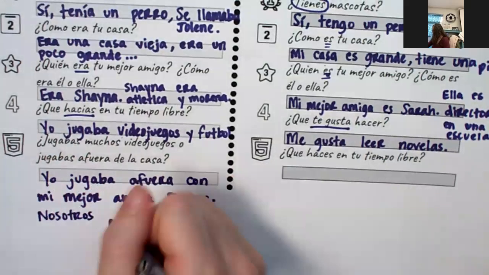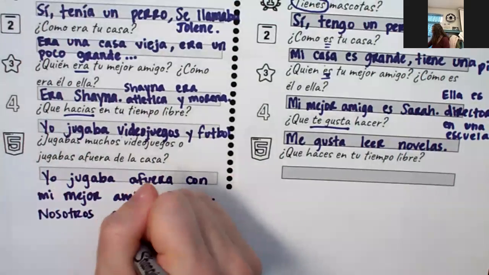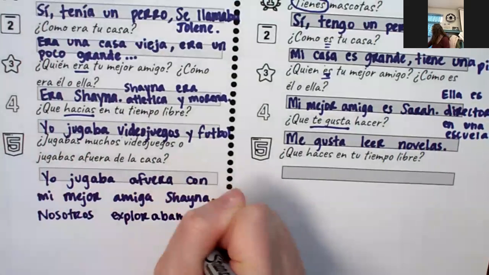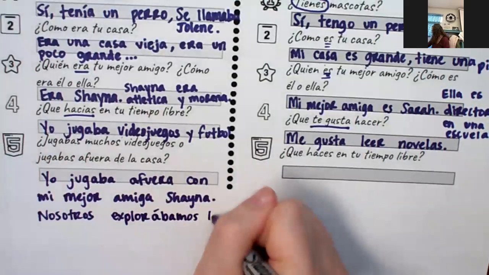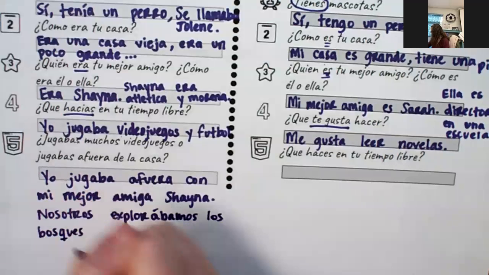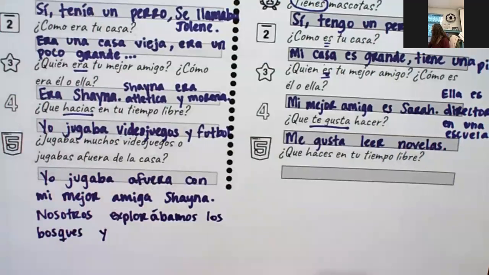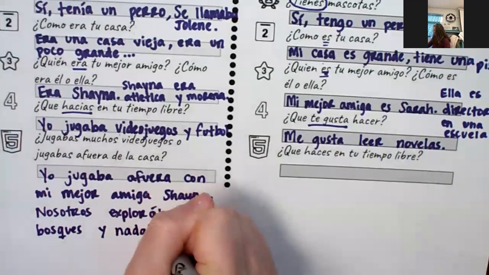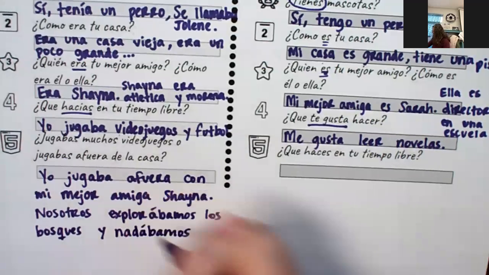Nosotros explorábamos los bosques y nadábamos mucho.